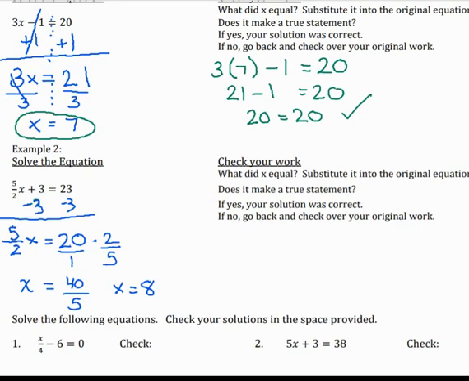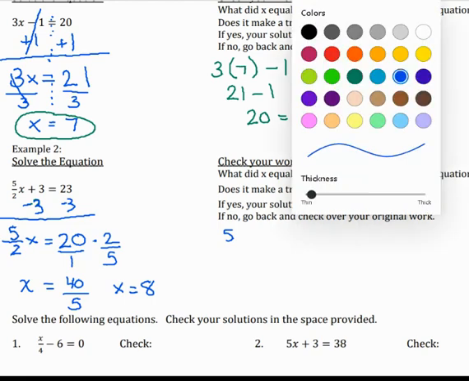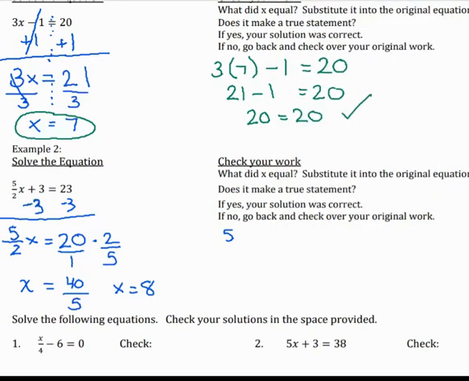So now we plug that in for our check. It's saying 5 over 2 times 8 plus 3 should equal 23. When I plug in that 8, I want to put it over 1 again.